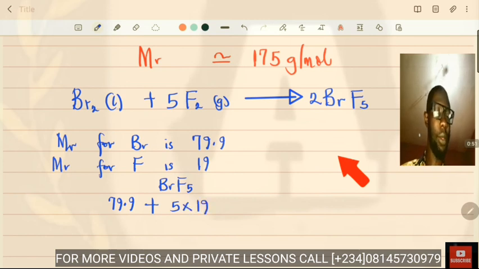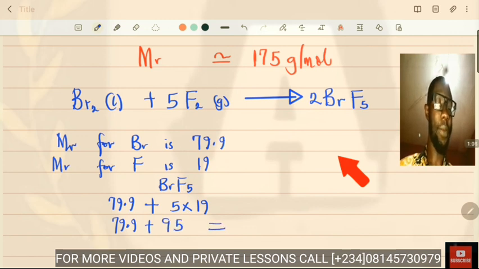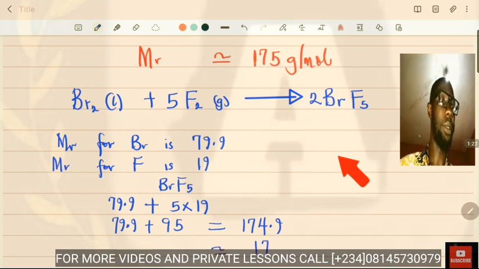When you multiply 5 by 19, this is found to be 95. So on adding 95 to 79.9, that is 174.9, which is approximately 175 gram per mole.